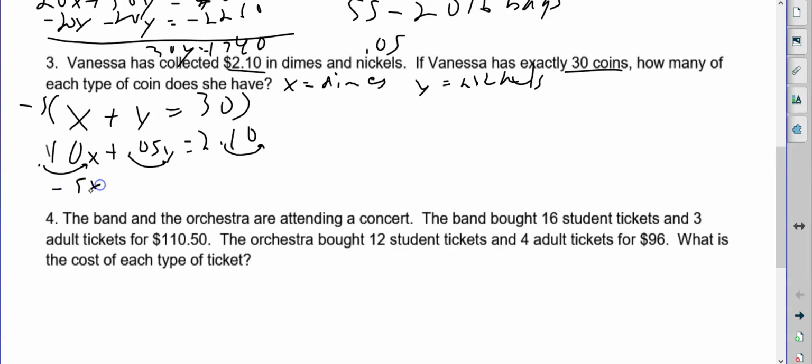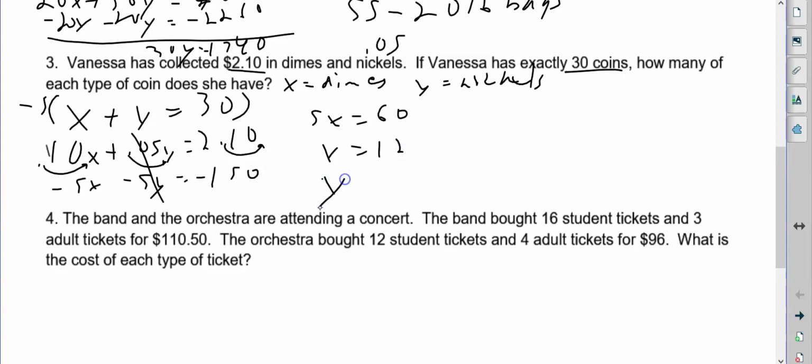So negative 5x minus 5y equals negative 150. So remember, this is now 5y, so it's going to cancel. 10x minus 5x is 5x. And then I'm going to have 210 minus 150, which is 60. So x equals 12.